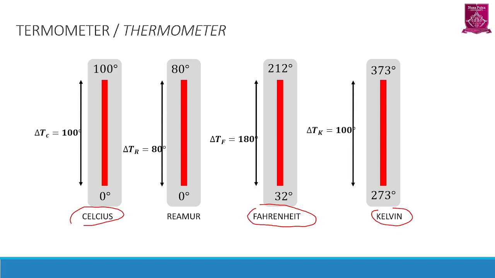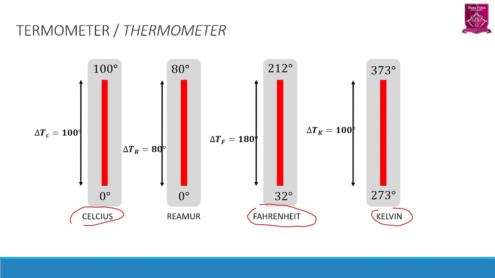First, we need to know the difference in temperature. In Celsius, the ice starts to melt at 0 degrees and water starts to boil at 100 degrees. So the difference here is 100 degrees, and the symbol is delta Tc.